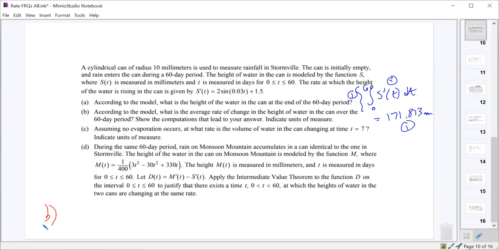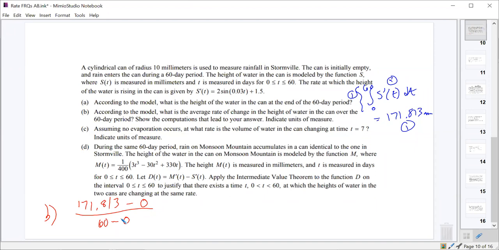Part B, we want to know what the average rate of change in the height of the water in the can over the 60-day period is. So if we're looking for the average rate of change, that's just a slope. And so the slope ought to be the value of the height at 60, which would be 171.813, minus the height at 0 over 60 minus 0.